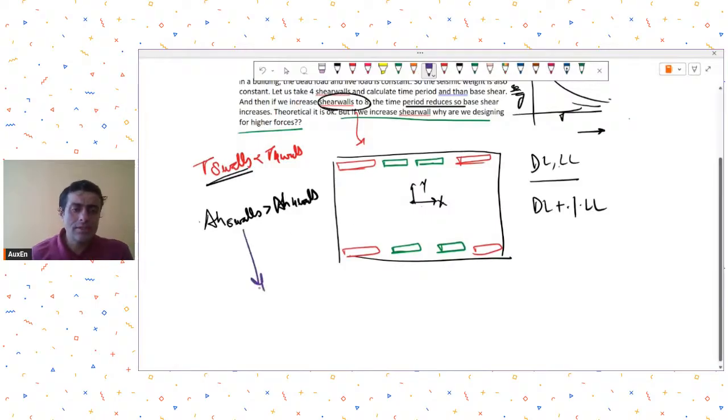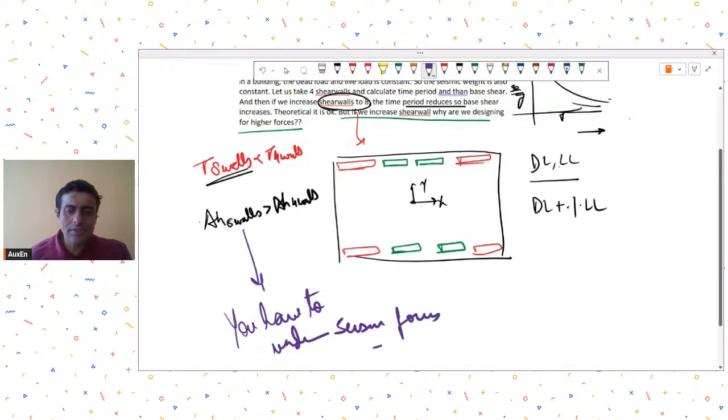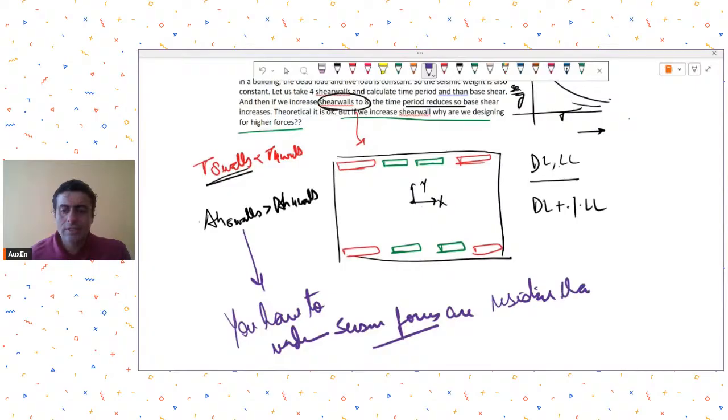So see, the answer is very simple. You have to understand that seismic forces are not actual forces. They are sort of a resistance that your structure offers to ground motion. Okay.